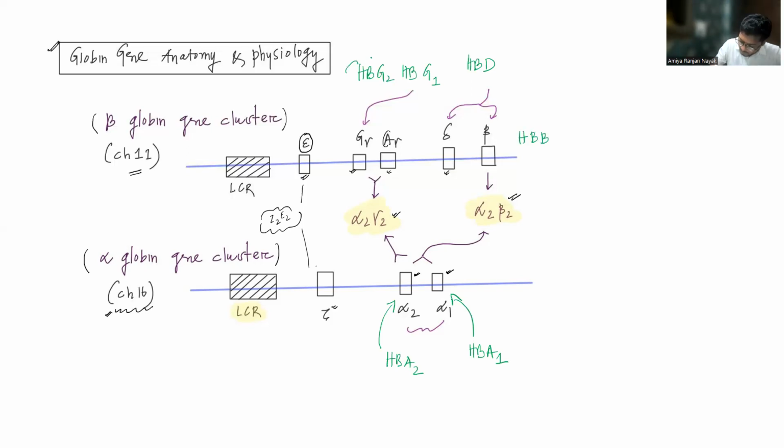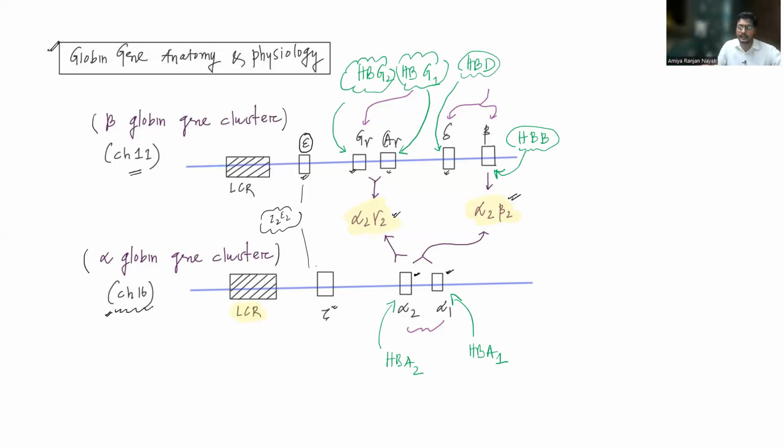Okay, so these are the names of the genes. HbG2 gene will produce the G gamma globin. HbG1 gene will produce A gamma globin. Similarly, HbD gene will produce the delta globin, and HbB gene will produce the beta globin.